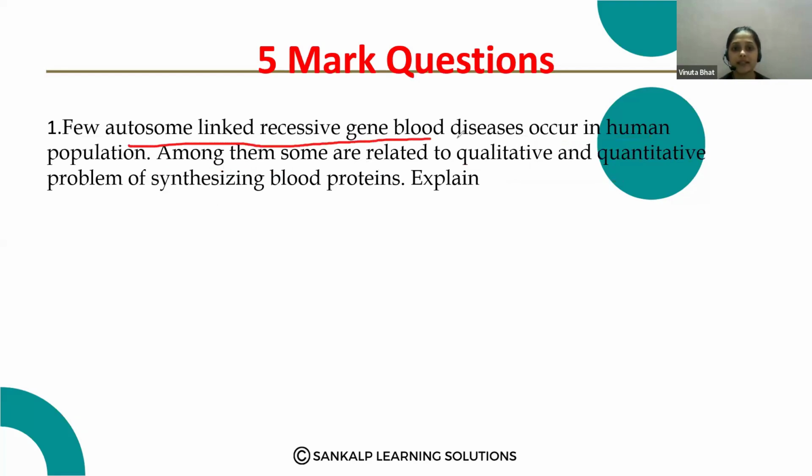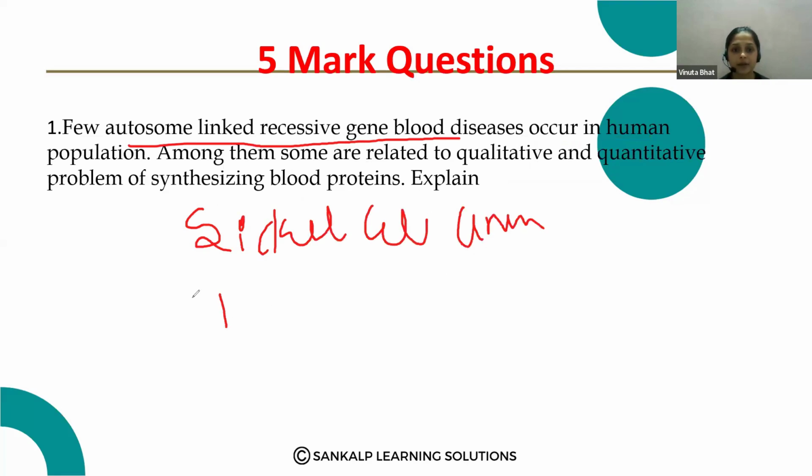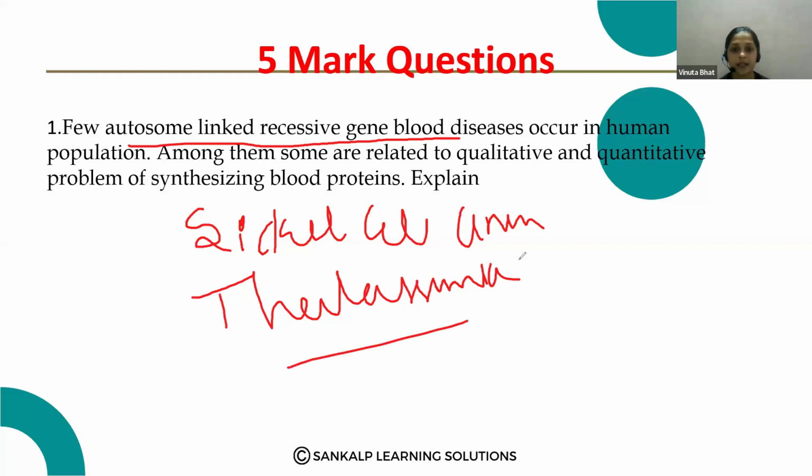Here, autosome-linked recessive disorders include sickle cell anemia and thalassemia.